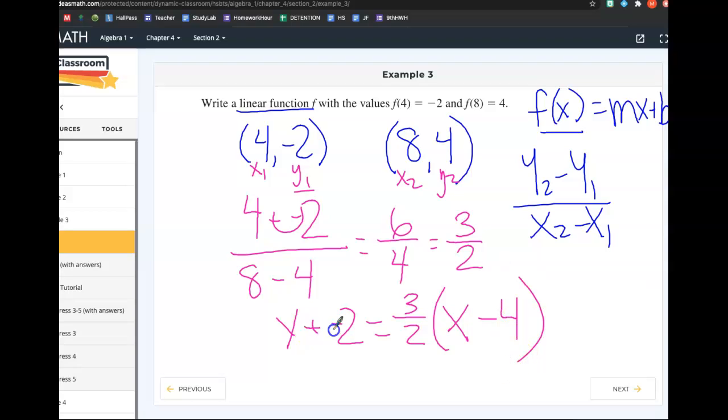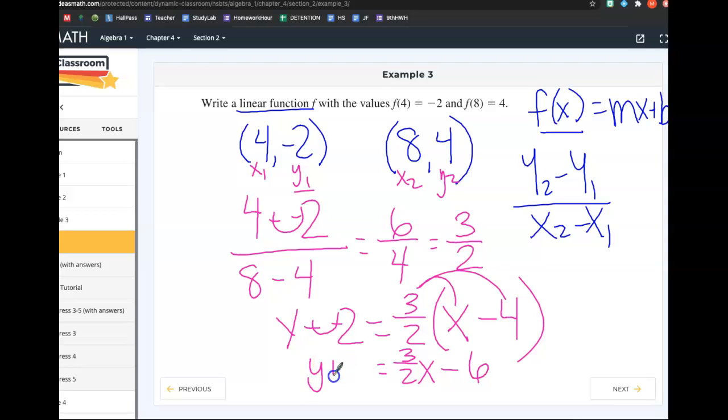Okay, this actually becomes plus, but in order to get y by itself, I'm going to distribute. So I would have 3 over 2x minus 6, because 3 times negative 4 is negative 12, divided by 2 is negative 6. You can put that into a calculator as well.